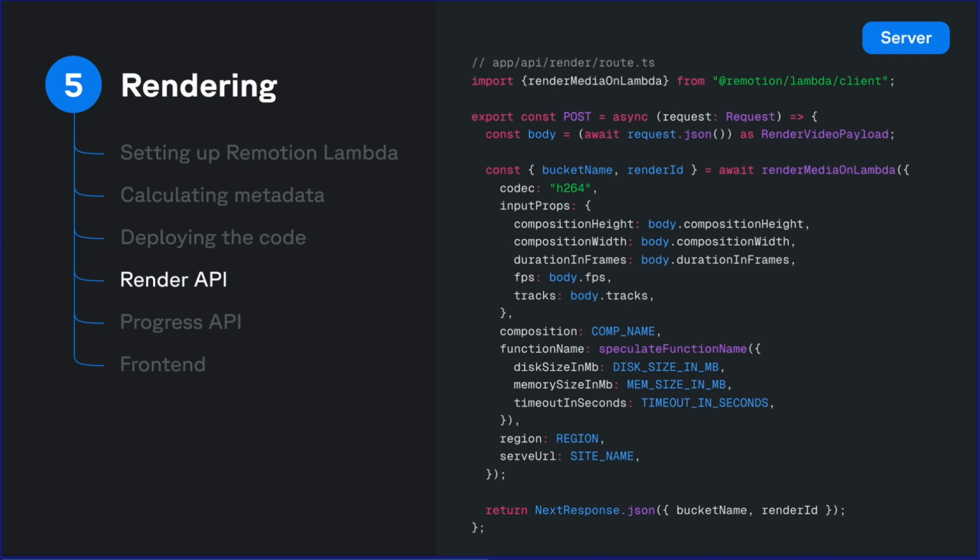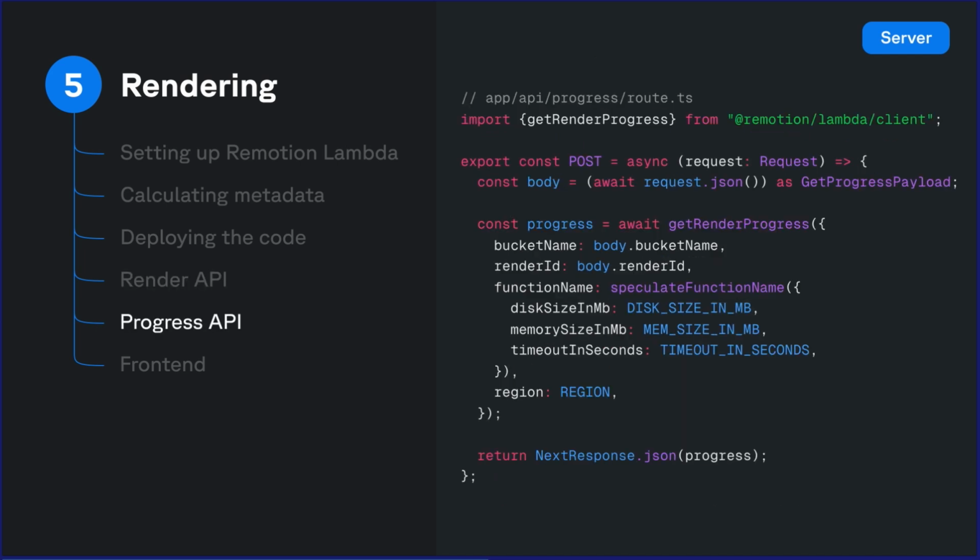Using the render media on Lambda function, we can trigger a render, and using the getRenderProgress function, we can retrieve the overall progress of the render. So what we now have to do is to just call the render function once, and then maybe every 1 or 2 seconds or so the progress function, so that we can display a nice progress bar.